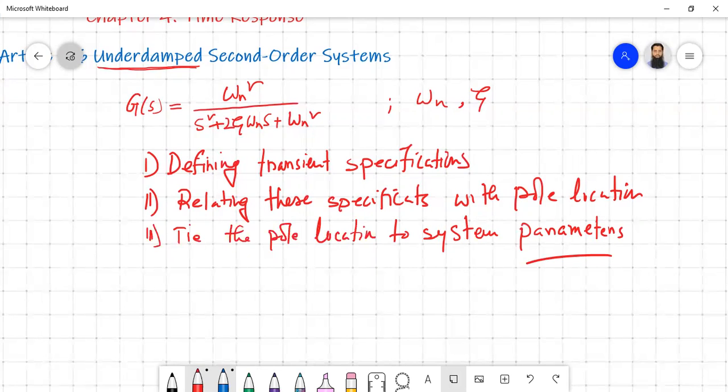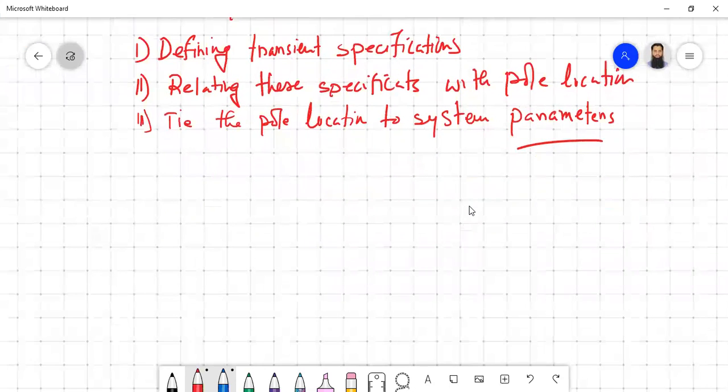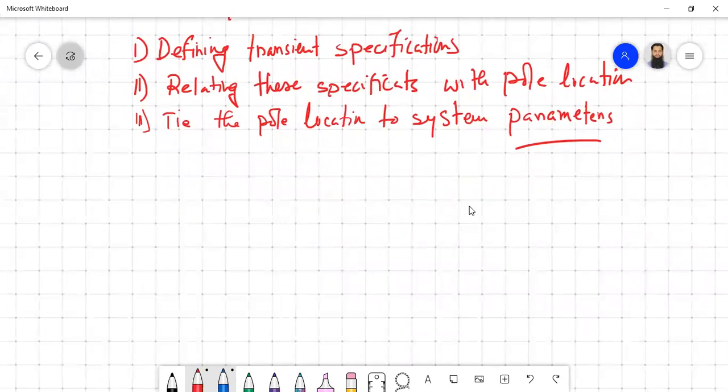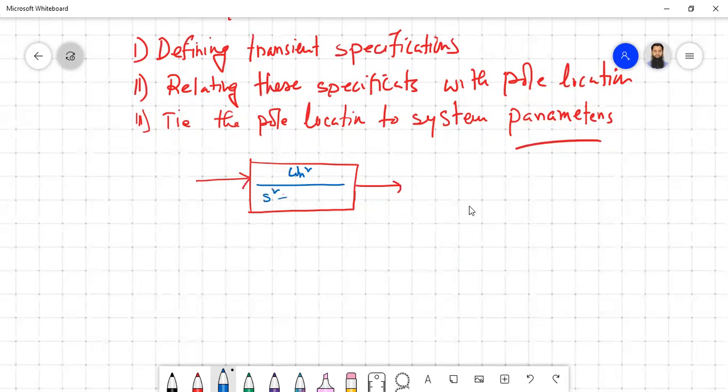So start with the system. First of all, we have to go for the step response. This is our system: omega n squared divided by s squared plus twice zeta omega n s plus omega n squared, which is G of s.